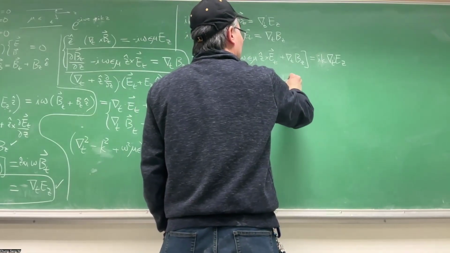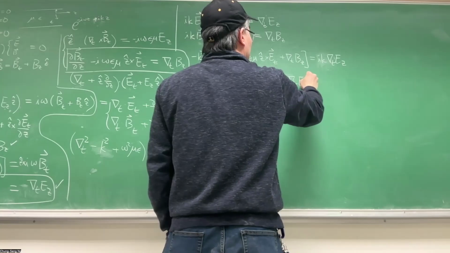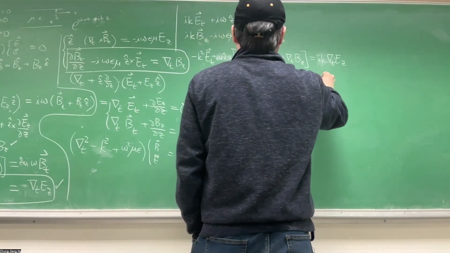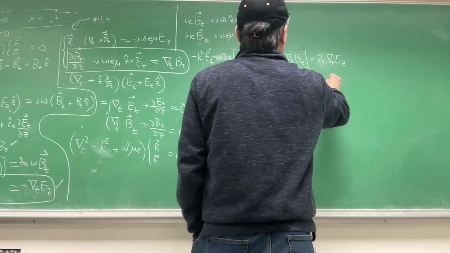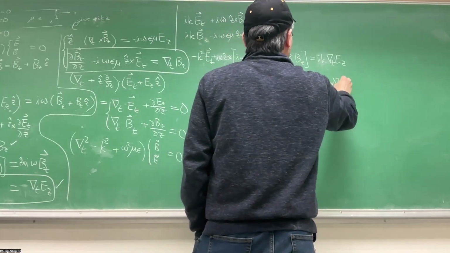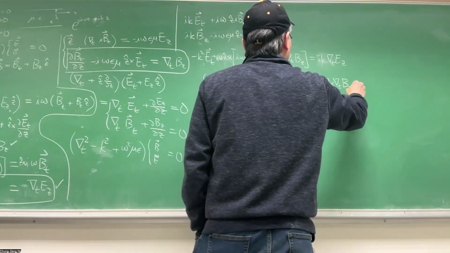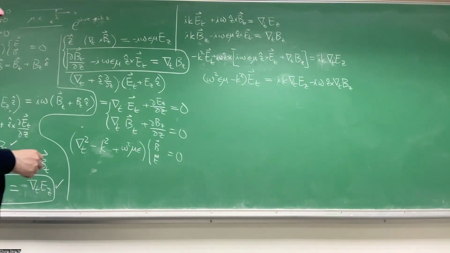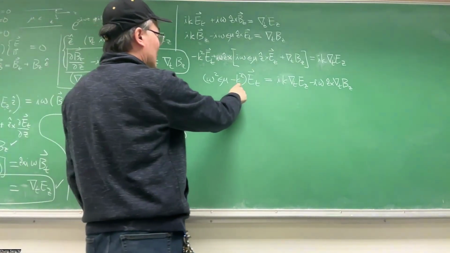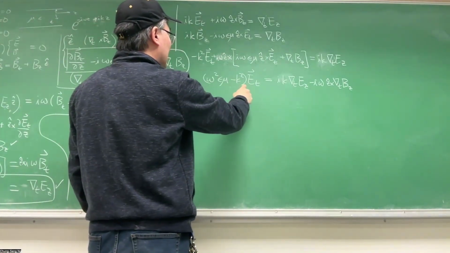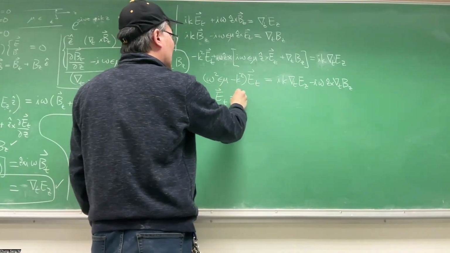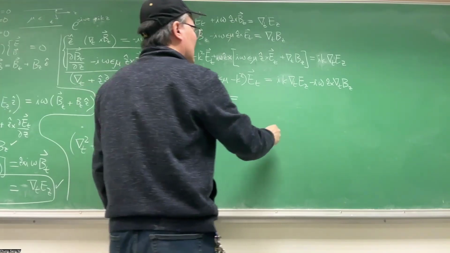The original term is ik grad t. The other term is minus i omega z cross B divided by t. Okay, almost done. So to solve for that is just basically divide whatever the coefficient with the right hand side.